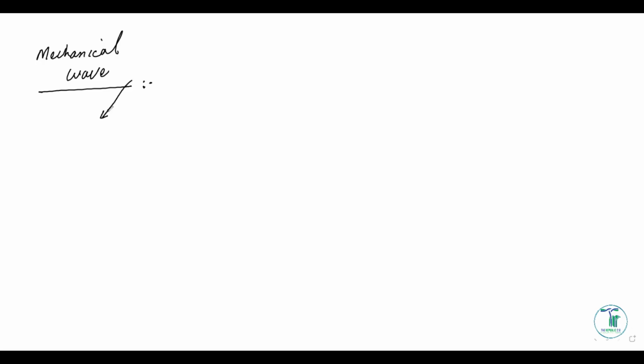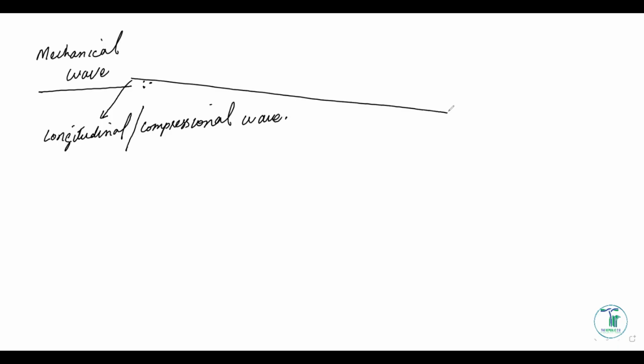One of them is the longitudinal wave, which you also call a compressional wave, right? The longitudinal wave is also known as a compressional wave. And then secondly, we have got transverse waves. So these are the two types of waves, and we need to talk about their differences, right?